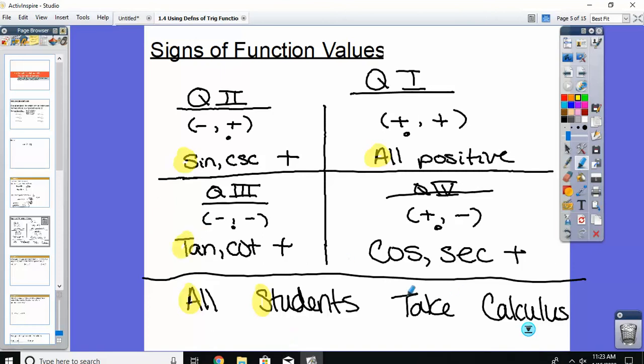T, quadrant 3, tangent and cotangent. Quadrant 4 is cosine. So all students take calculus. It tells you when they are positive, and so then the others would be negative. In quadrant 1, everything's positive. Quadrant 2, it's sine. Quadrant 3, tangent. Quadrant 4, cosine.